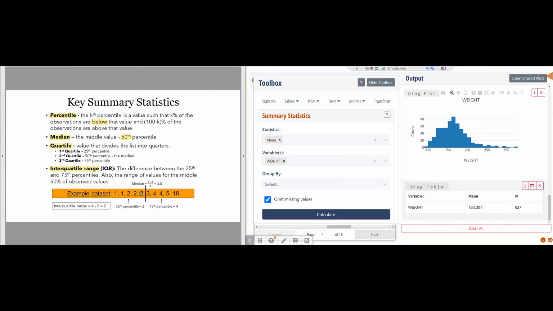So this 2 is just below the median, and this 3 is just above the median. We compute the median by adding those two values together and dividing by 2. So even though the specific value 2.5 does not appear in this data set, we say that the median for these 10 values is 2.5. That is, 5 of the values are below 2.5, 5 of the values are above 2.5.